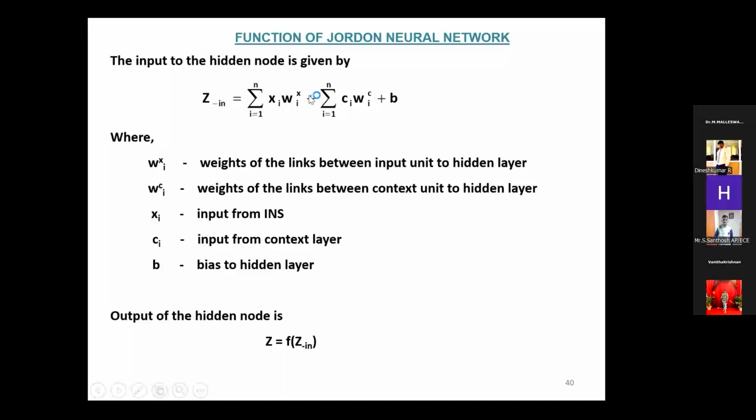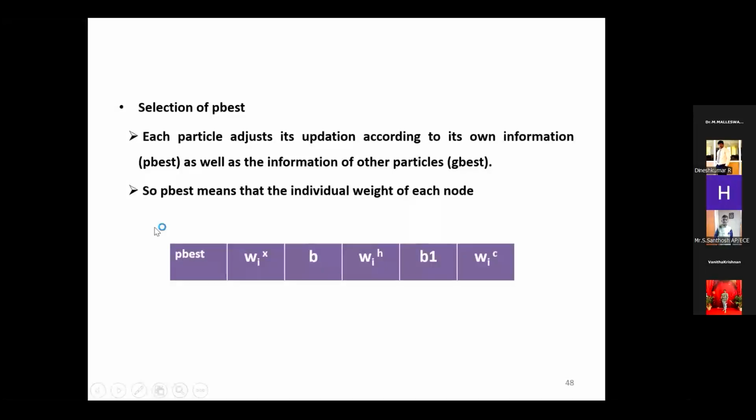The combination of weights and biases is combined and considered the personal best. Now, in the same way, we have to see how to select the global best.